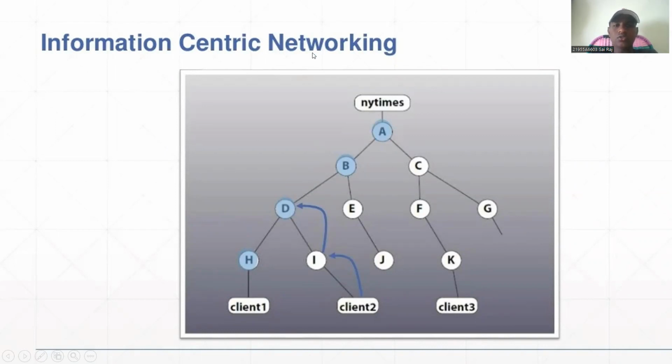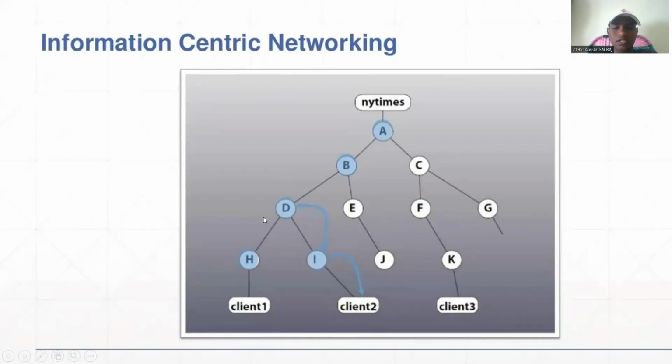This is information-centric networking. D already has the information that was sent to client 1, and the same data is requested by client 2. So client 2 will get the data from D through I to client 2. Here we can see D to I to client 2.